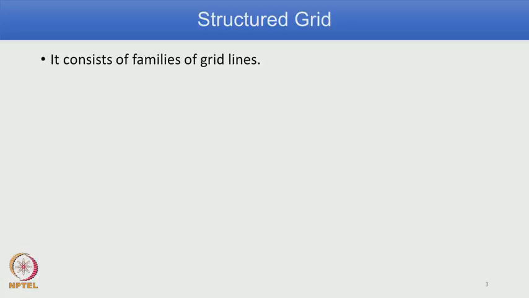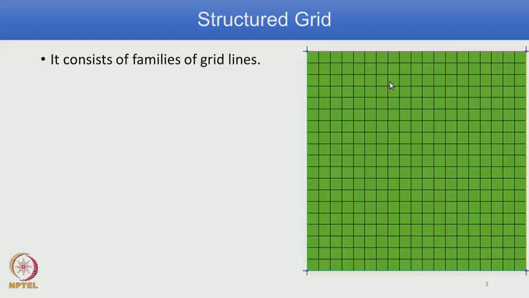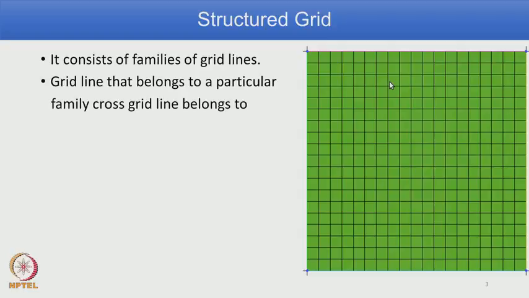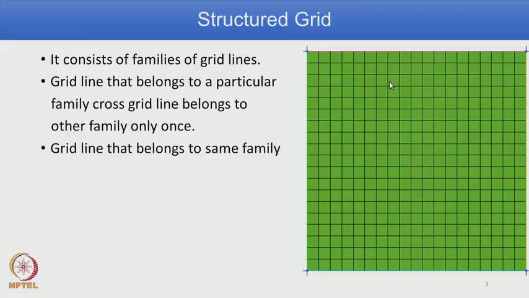Then we get into the procedure of finite difference formula. So, in structured grid we learned that one family of grid lines does not cross the same family of grid lines, while a grid line that belongs to one particular family crosses a grid line that belongs to another family only once.